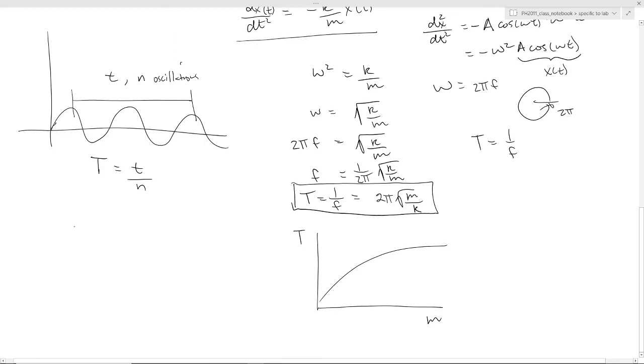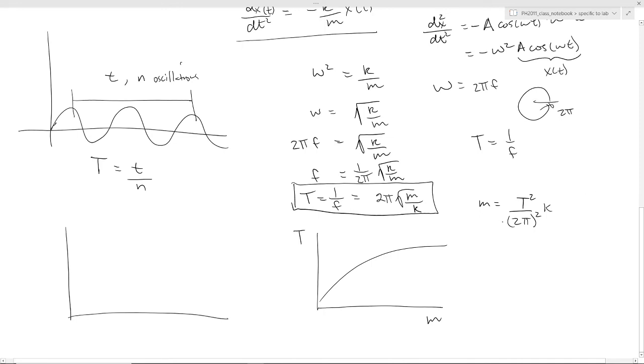The other thing that we can do is reorganize this, solve this expression for m. If you do that, m is, let's see, T over 2 pi. Notice we'd have to square everything, so this would become T squared over 2 pi quantity squared times a factor of k.